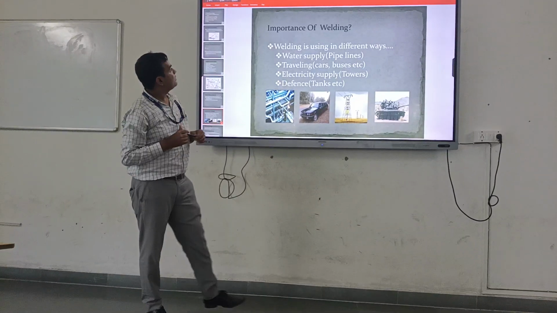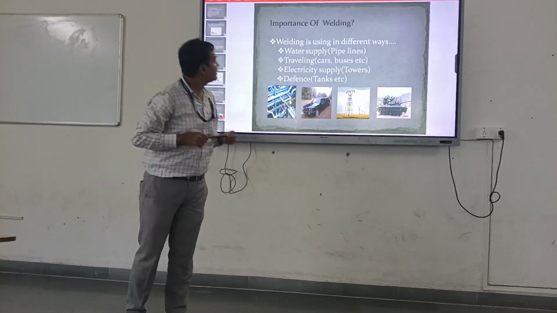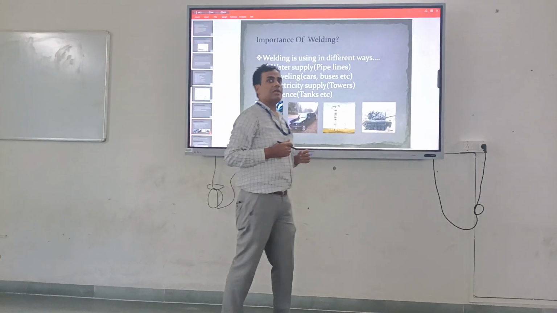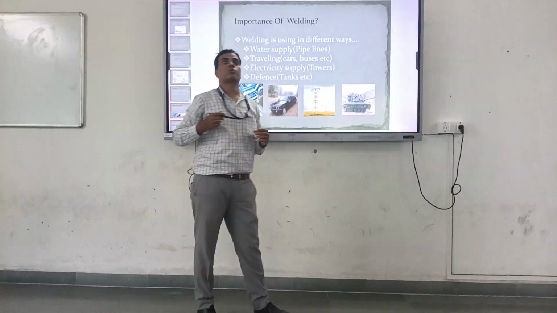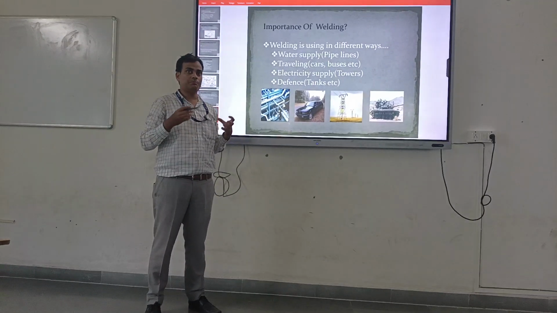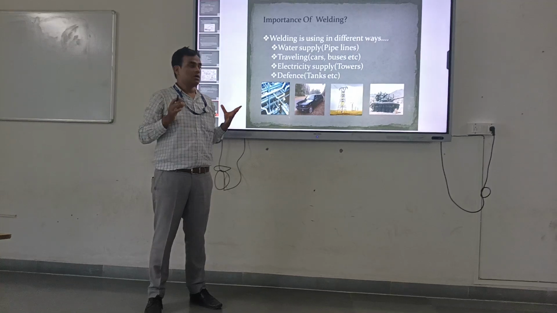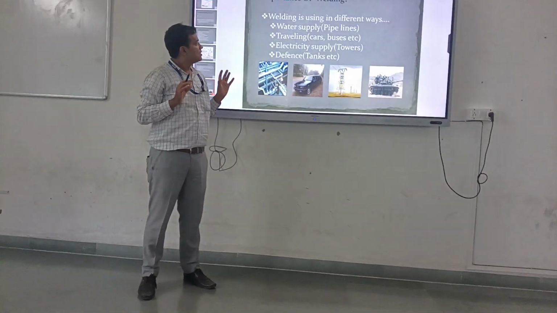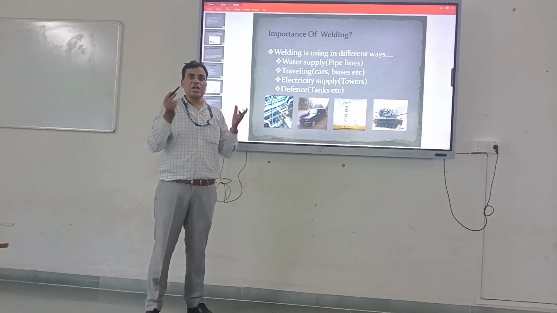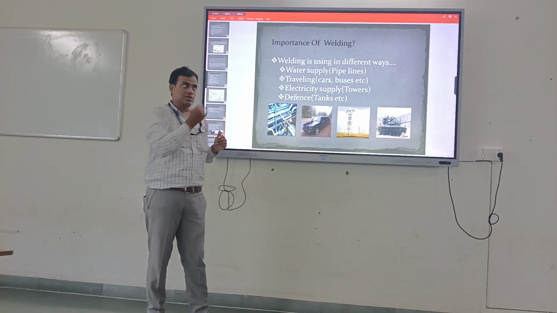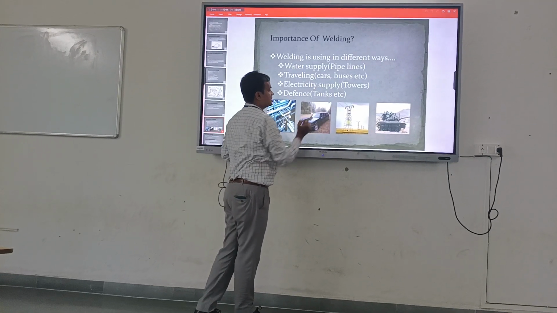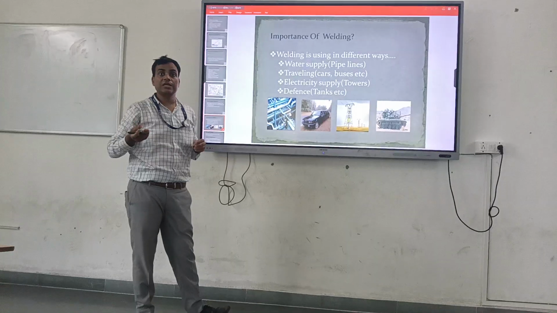The next slide is about the importance of electric arc welding. Electric arc welding we can use in many places where gas welding we could not use. We could use it, but it is not appropriate for that application. Like power, water supply line pipe, automobile, electricity tower, and different kinds, because cars, pipelines, towers and tanks require very high strength in the joint.